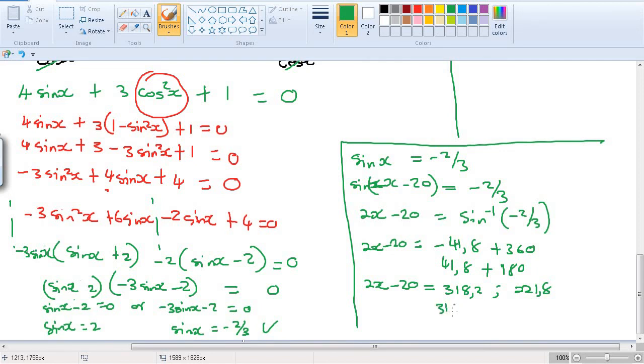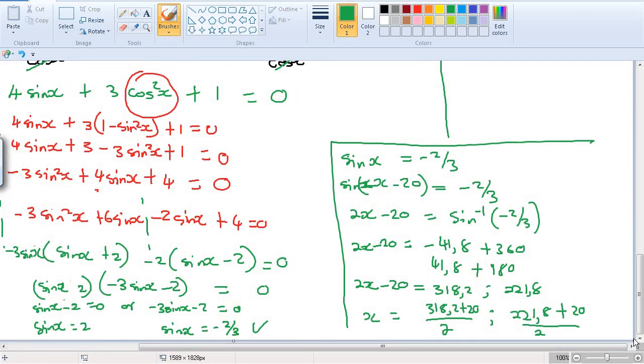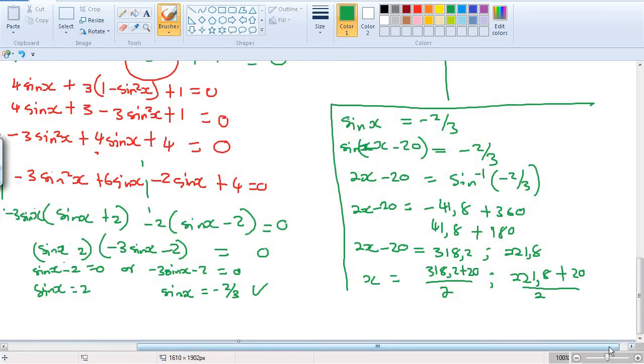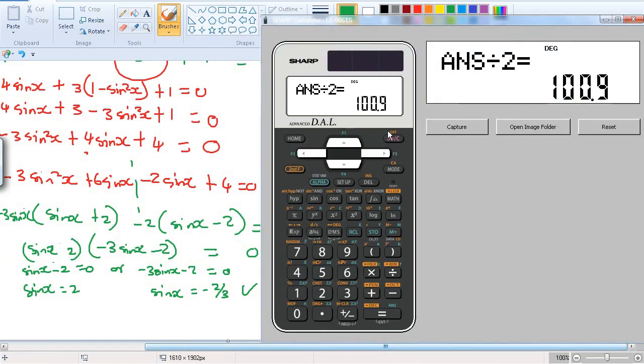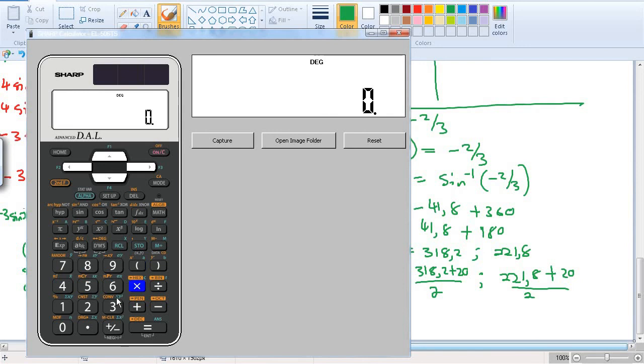The next step will be for us to take 20 over, which means we'll be adding. So this is going to be 318.2 plus 20, over 2, because to eliminate that we want to find the value of x. And the next one will be 221.8 plus 20, over 2. If we put that in the calculator, 318.2 plus 20, divided by 2, is 169.1.